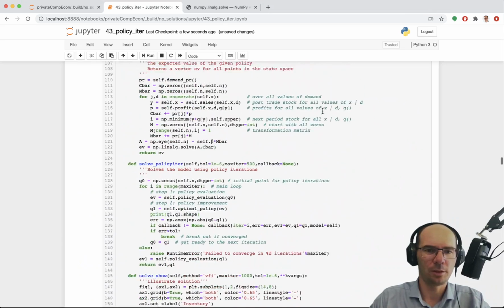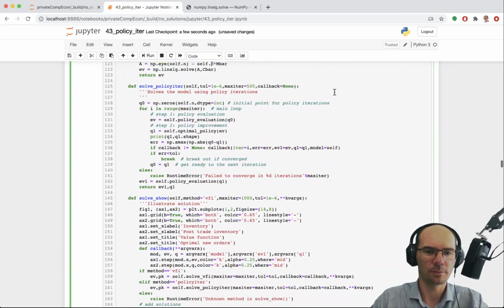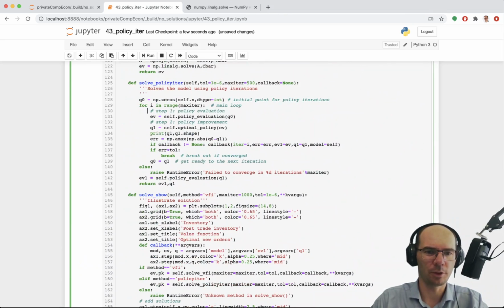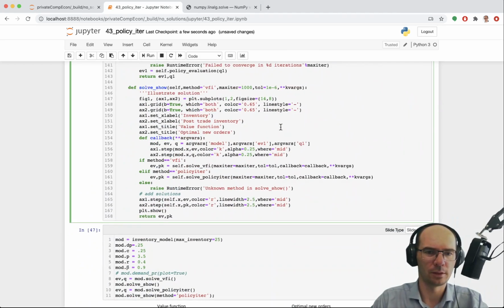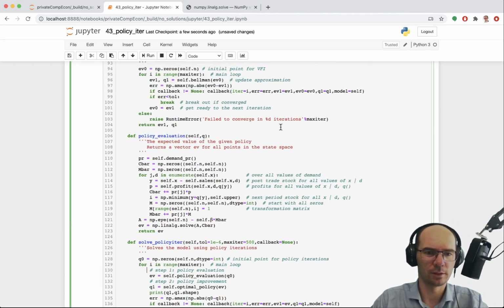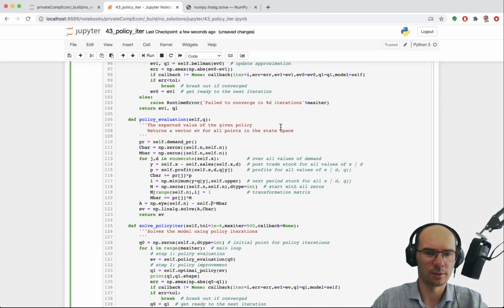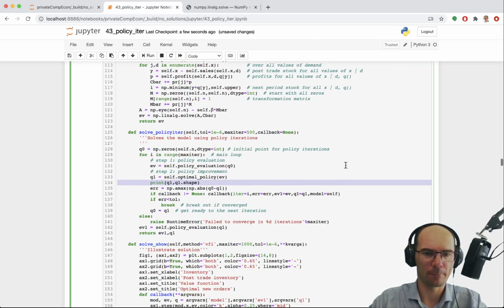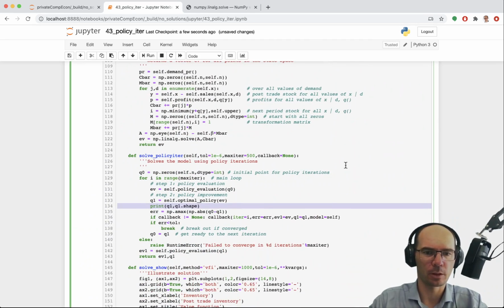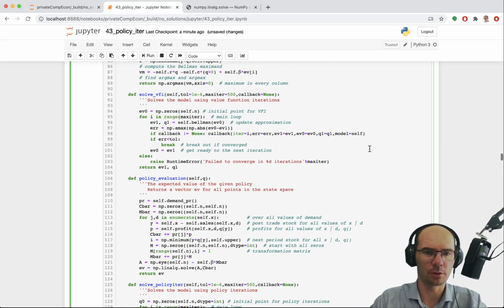Why is this a vector? So it starts as a vector, then EV should be a vector as well, and this should be a vector.